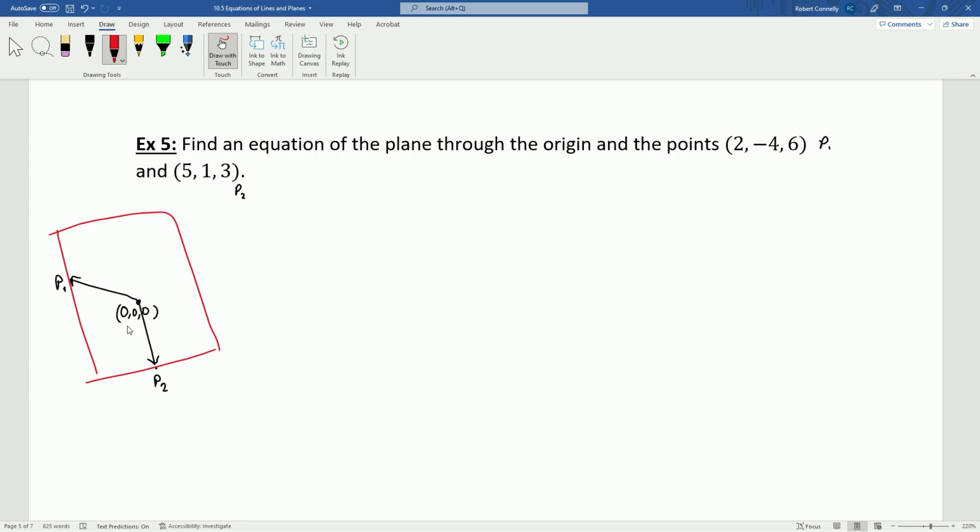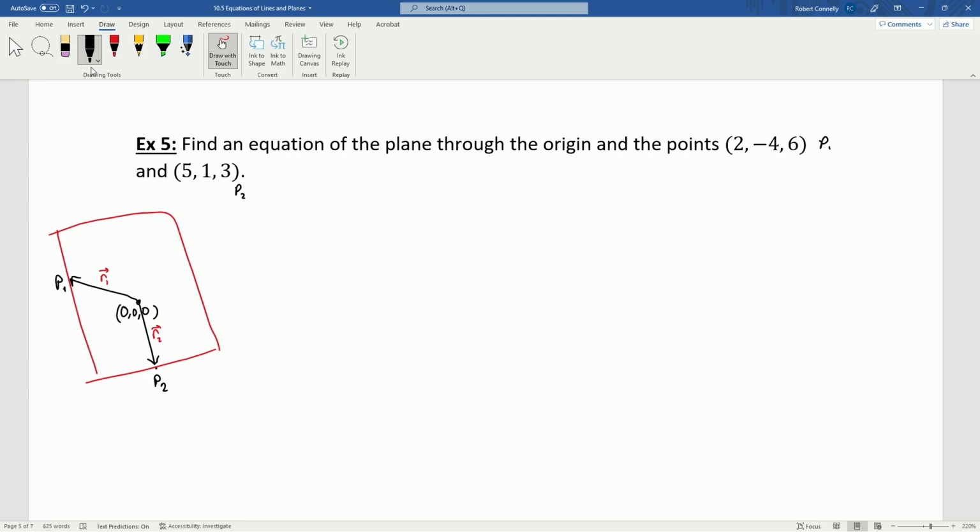Well, we can just take the cross product, right? So the cross product between any two vectors is going to give us what we want. So let's call this vector R1 and this vector R2. And if we calculate the cross product of these two vectors, that's going to give us something that's orthogonal and therefore a normal vector to the plane.